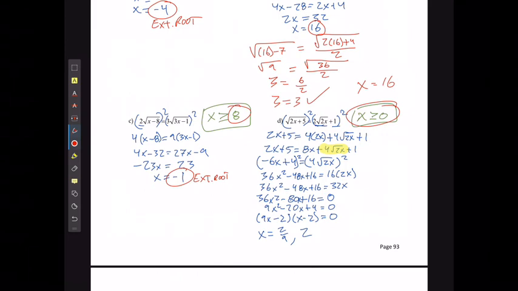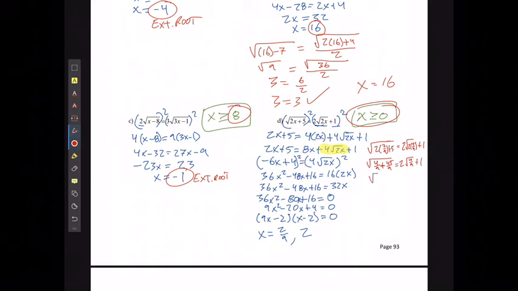I'm going to say that if I have the square root of 2 times 2 over 9 plus 5 is equal to 2 times the square root of 2 times 2 over 9 plus 1, then that's going to give me the square root of 4 over 9 plus 5, which is the same as 49 over 9, is equal to 2 times the square root of 4 over 9 plus 1.